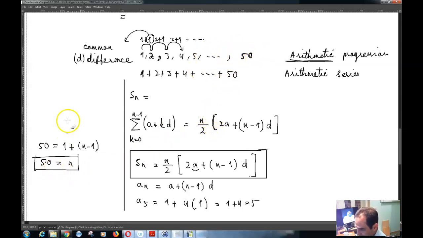And so now I know that n is equal to 50, a is equal to 1, d is equal to 1, and so I can use this formula S of n.